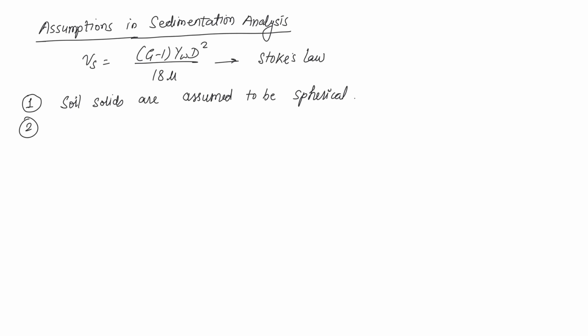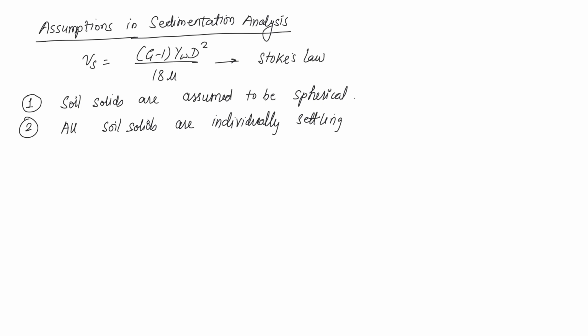Next, I am also assuming that all soil solids are individual. We are assuming that there is no groupism. So all soil solids are individually settling. They are not forming any group. So there is no flocculation while settling.